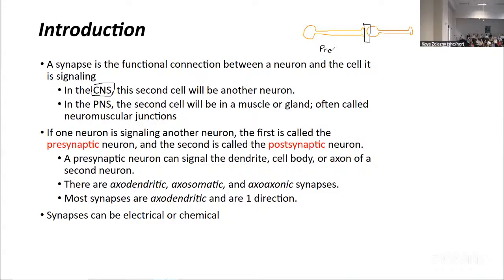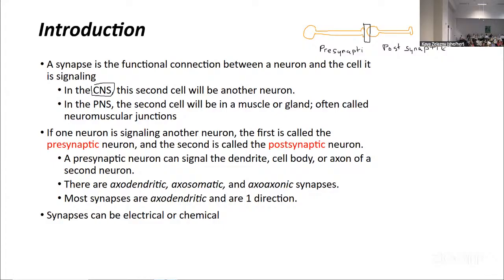So we have a pre and a post, synaptic neuron. So presynaptic, before the synapse. Postsynaptic, after the synapse. So we don't have to number them, neuron 1, neuron 2. We've got our presynaptic neuron and our postsynaptic neuron here.